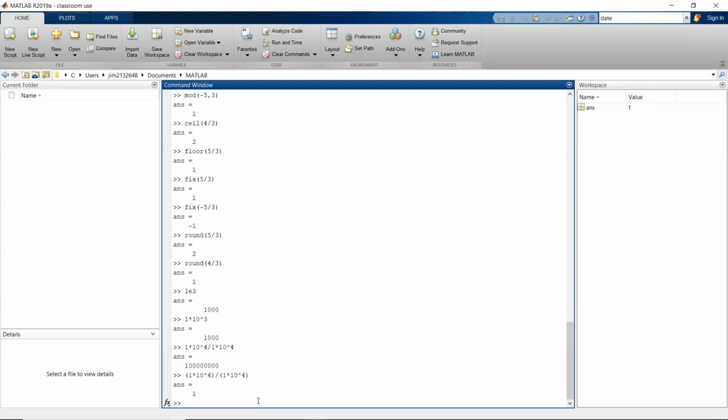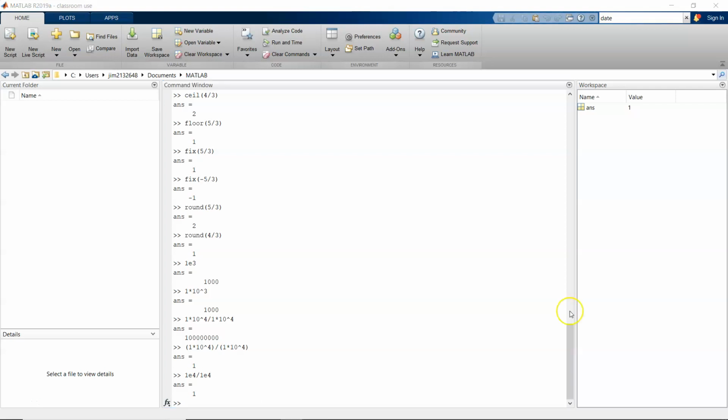So now we get the correct answer. Okay, so that's what E does. It is the way calculators are programmed to handle exponential notation.